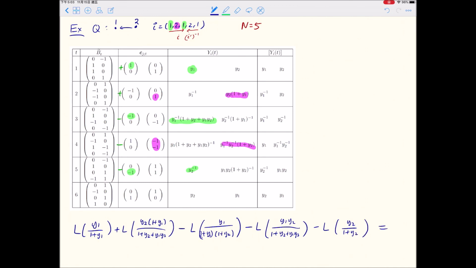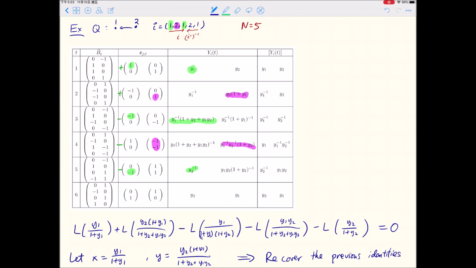Equals 0. Right, so this will be the pentagon identity, and you may ask whether it is equivalent to the previous well-known pentagon, and the answer is yes, because if I let x be y1 over 1 plus y1, and I let y be the second term, then we see that it actually recovers the previous case. So they are actually equivalent identities.